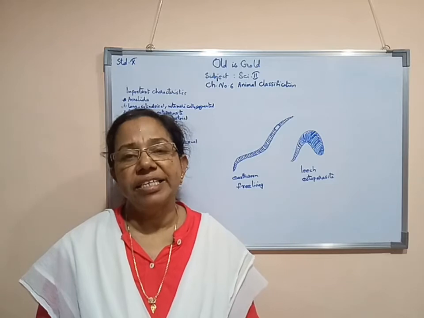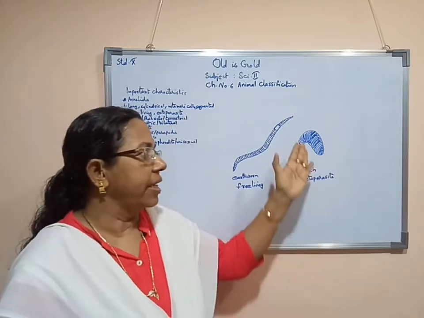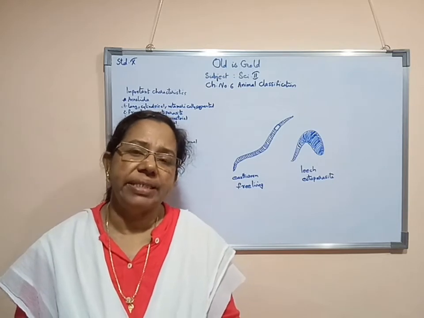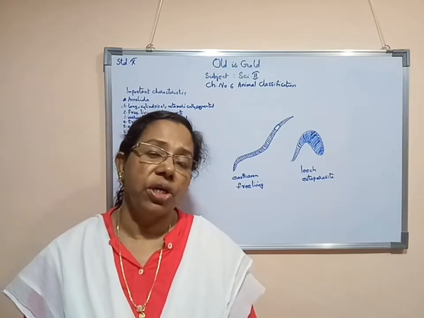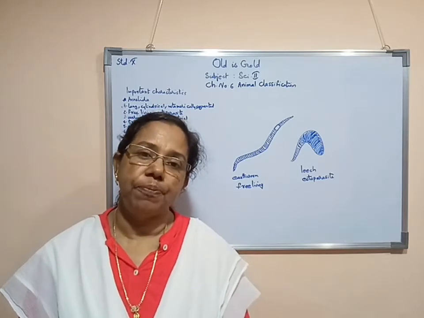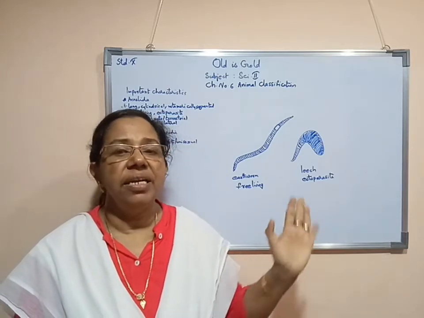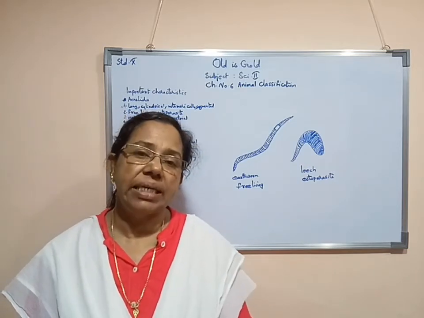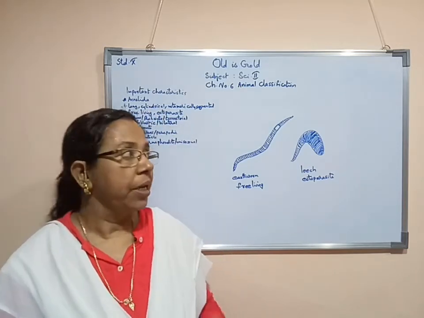For ectoparasite we have one example, that is leech. This kind of organism grows on the body of another organism and sucks the blood from the organism. They live either in the water or in the marshy areas.